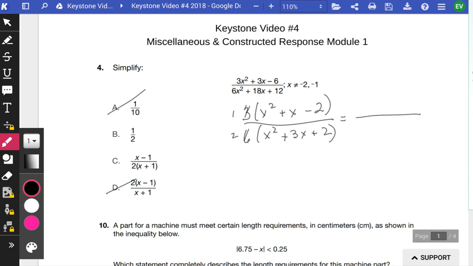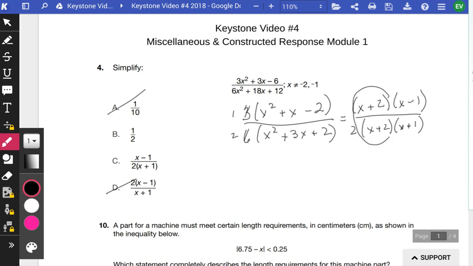So the numerator becomes x plus 2, x minus 1. Our denominator, we have to remember to bring that 2 down. This is x plus 2, x plus 1.